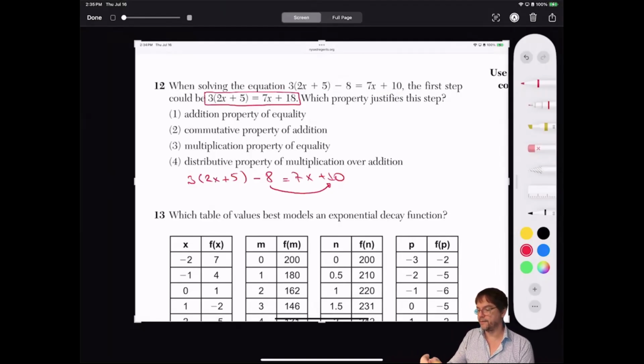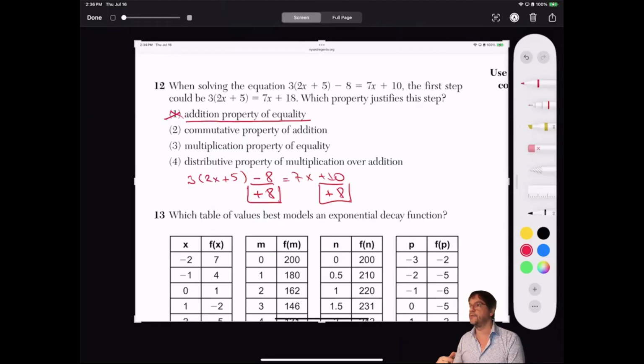When he does that, this disappears from here, and 10 plus 8 is 18. So what he did was plus 8 on both sides. Do you agree? It's the same thing as doing that. So he used the addition property of equality. What you do on one side, you need to do on the other side. Is that okay?